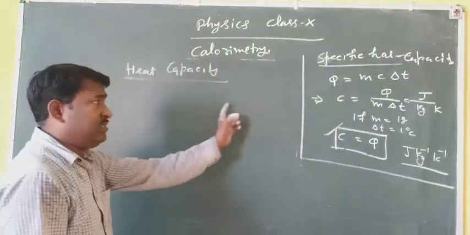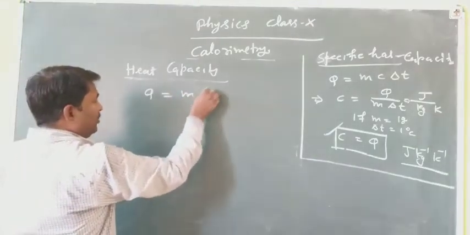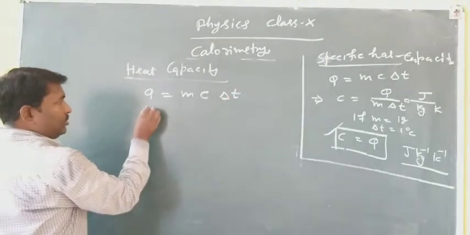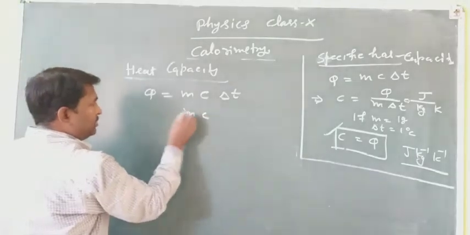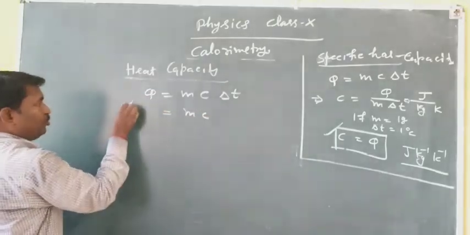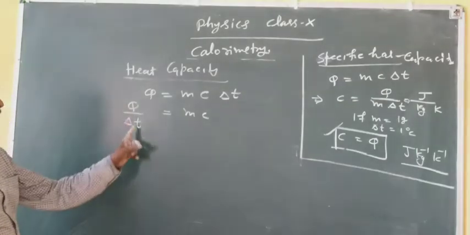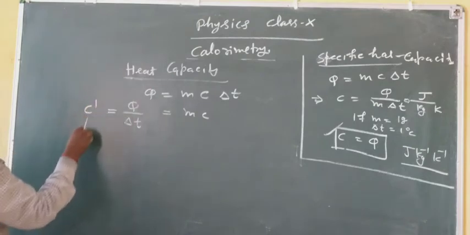So what is the difference? See here, again taking the formula Q is equal to mc delta T. Now see, m into C is equal to Q by delta T, and this Q by delta T is your C dash, that is heat capacity.